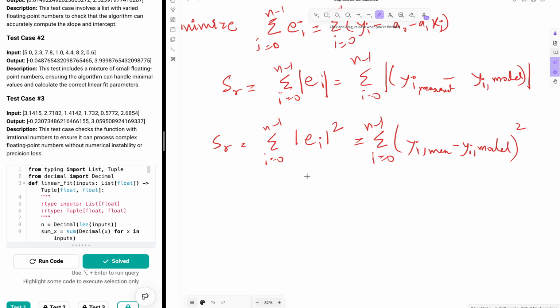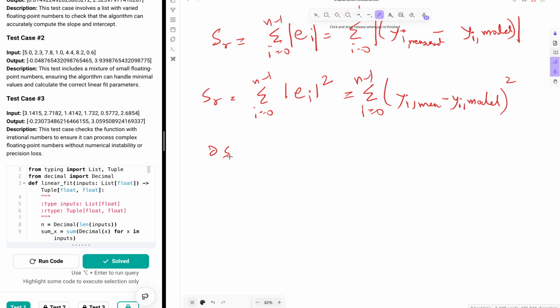And to minimize, we can just differentiate this S_r, first with the parameter a_0, and then with the parameter a_1, which are basically intercept and slope, to find the minimum values of both a_0 and a_1.